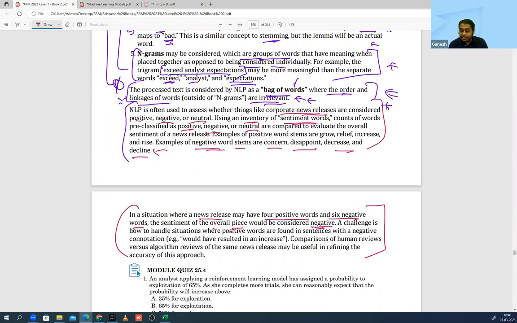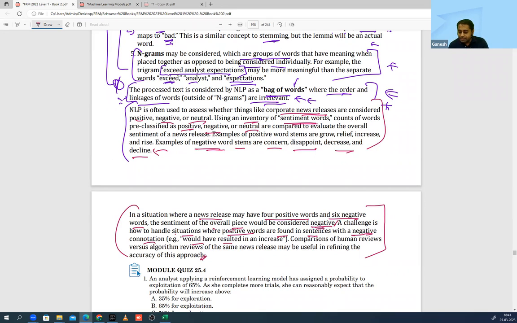सिंपल. A challenge is this, ये वाला इंटरेस्टिंग पार्ट है कि कभी कभी words अलग तरीके से लिखे आते हैं. The challenge is how to handle situations where positive words are found in sentences which are negative in connotation. जैसे, मैं एक बेसिक एग्जांपल दे रहा हूँ, आप लेट उठते हो कभी सुबह, तो आपकी मम्मी या डैड कुछ ताना मारते हैं, राइट? वो होता पॉजिटिव है लेकिन दिया जाता है नेगेटिव सेंस में, तो वो कंप्यूटर नहीं समझ पाएगा.